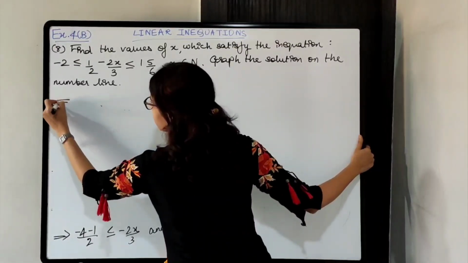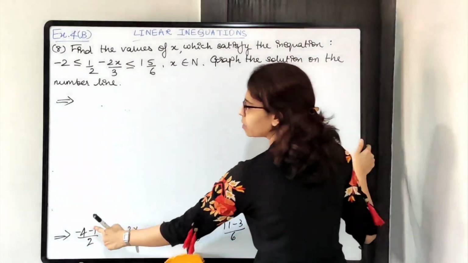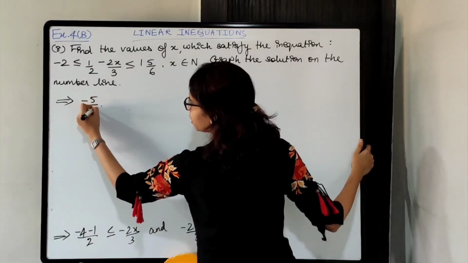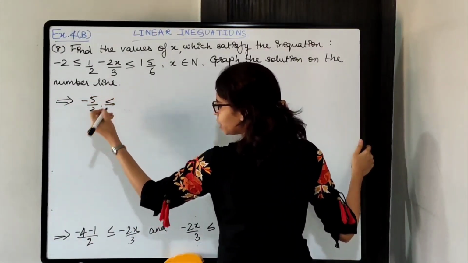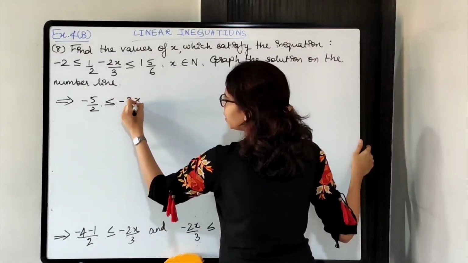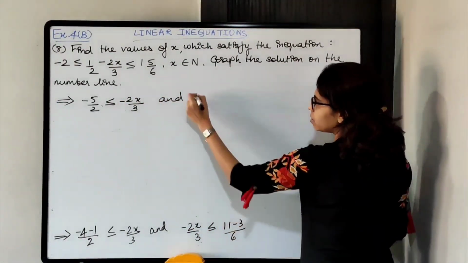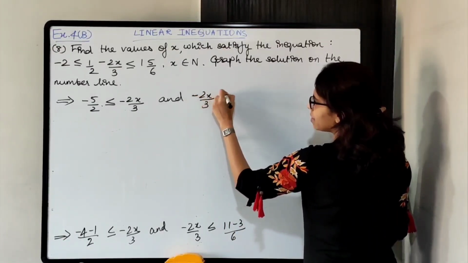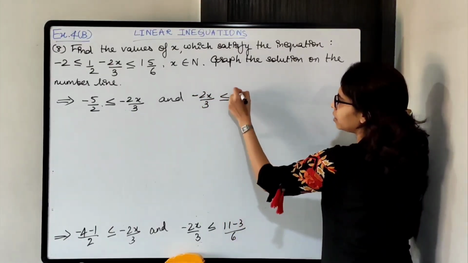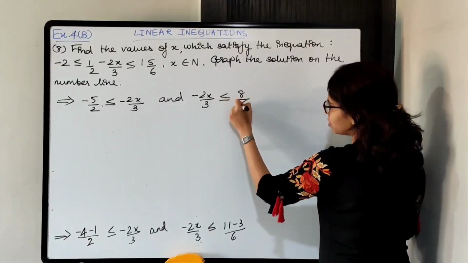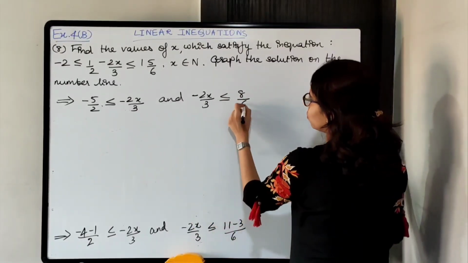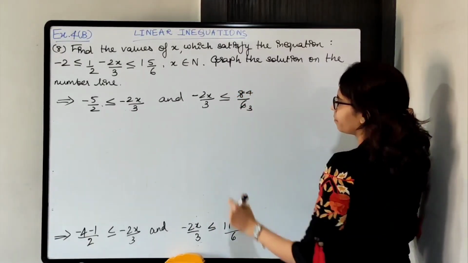Okay, so -4 - 1 हो जाएगा -5/2 is less than or equal to -2x/3, and -2x/3 is less than or equal to 11 - 3, 8 upon 6. So 2 3s are, 2 4s are.